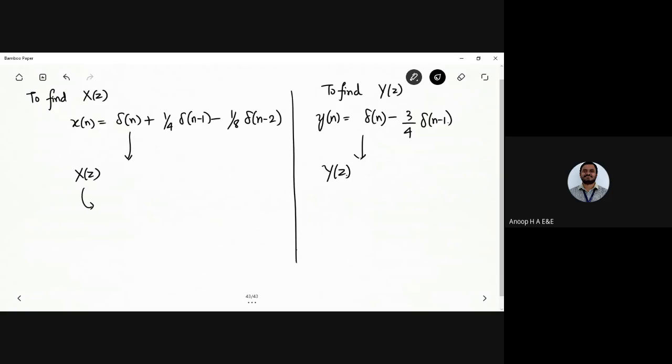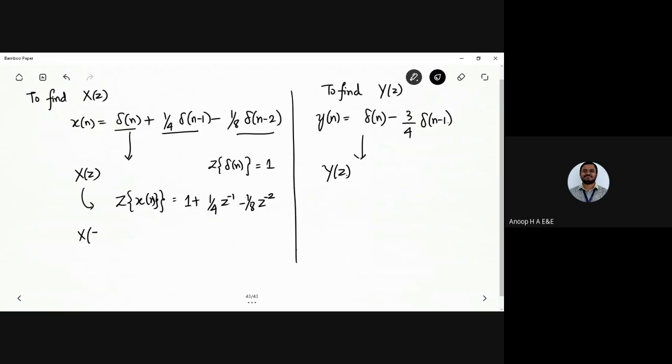To find x of z here, the z transform of x of n has to be found. Next, apply the z transform to each term. The z transform of delta of n is unity, 1, plus 1 by 4 times z power minus 1, minus 1 by 8 z power minus 2.